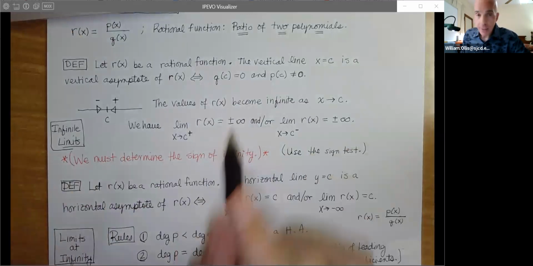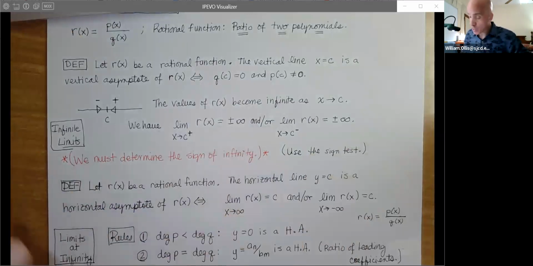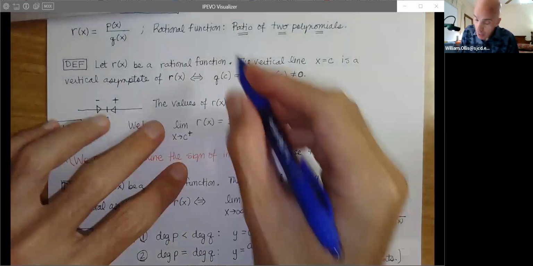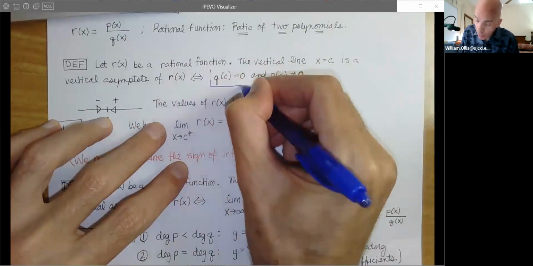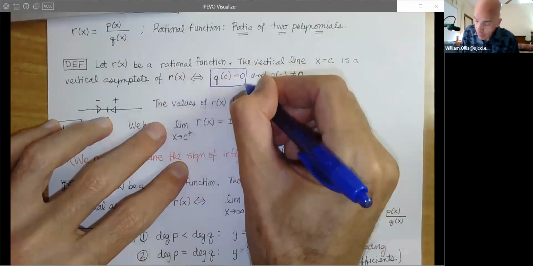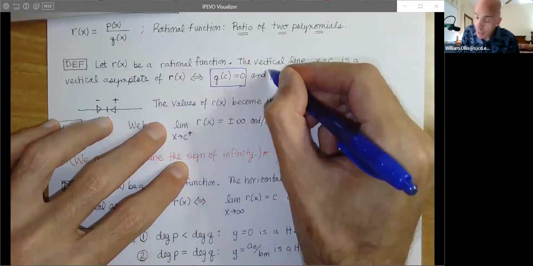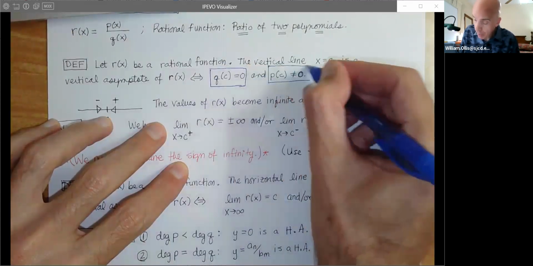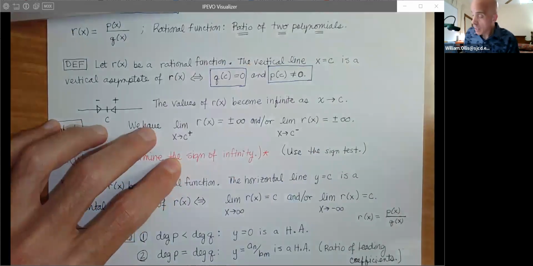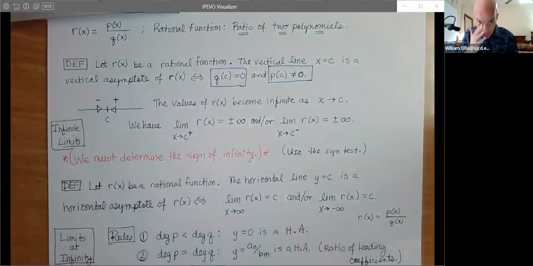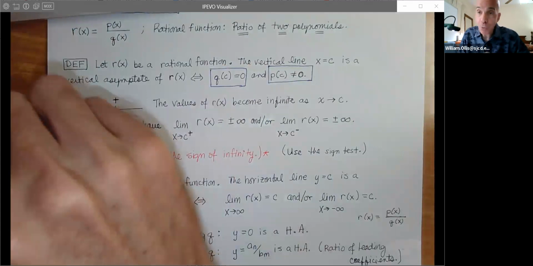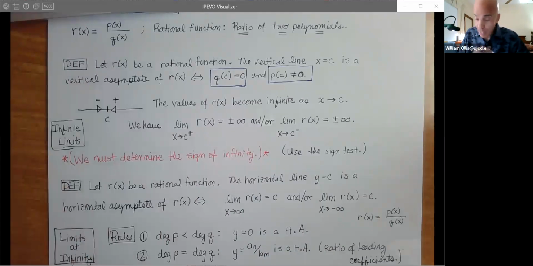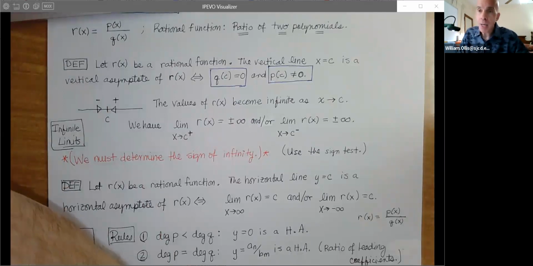But the main condition is this, and I can't say this enough. The denominator is 0, but the numerator is not 0. And with calculus, in this particular neighborhood of C, we can actually prove using basic arithmetic of the limit that the function actually becomes unbounded.